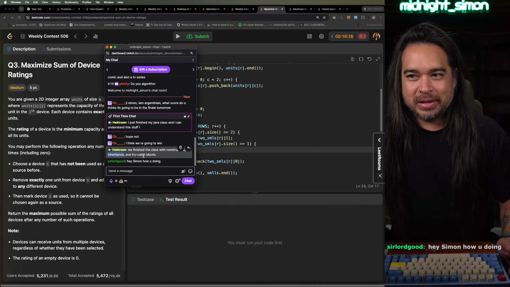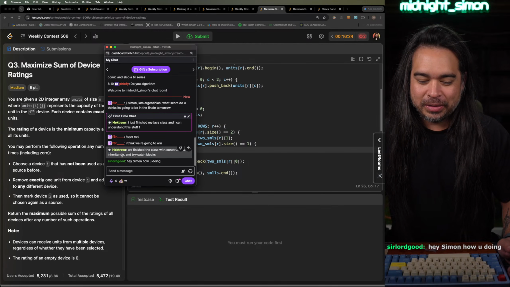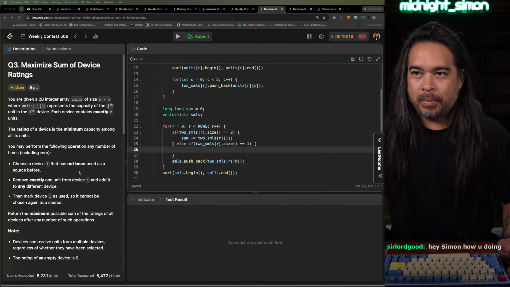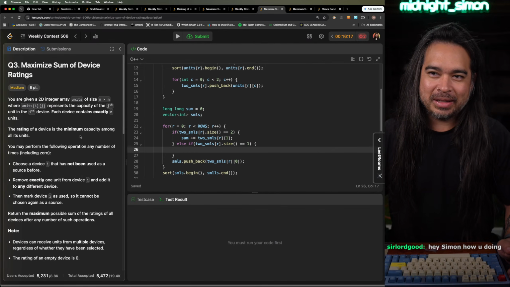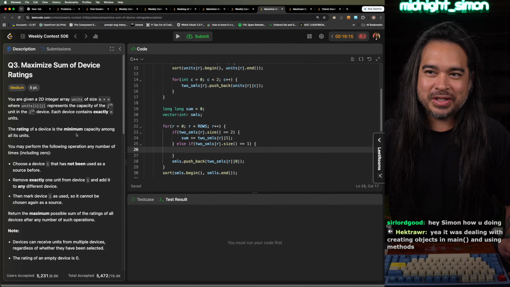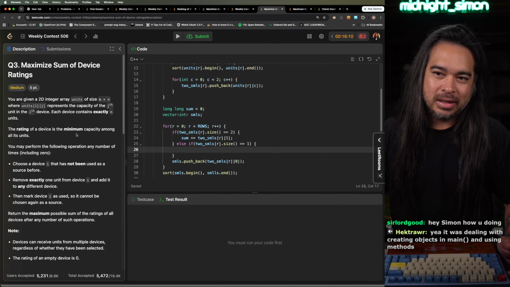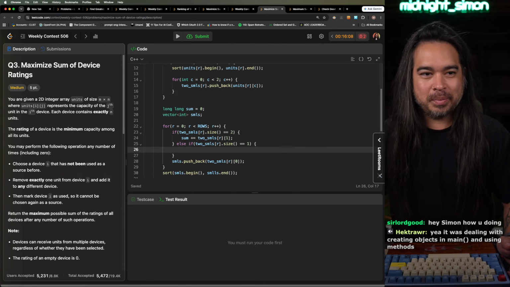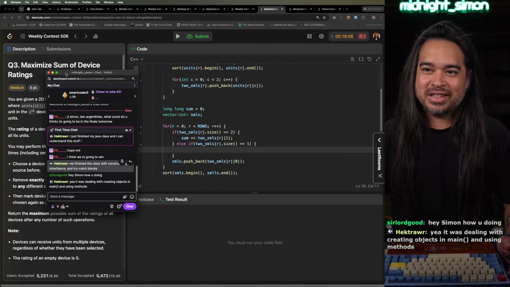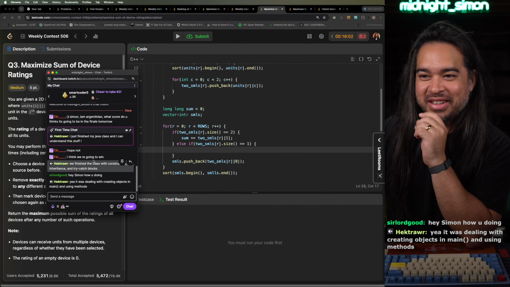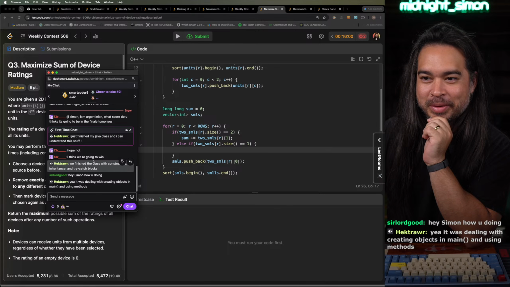And I always have to look it up and reference it. Like, I don't know it off the top of my head, you know. I can't remember what all that syntax means, man. Like virtual functions and this type of function and the default is this and inherits or make a super class or whatever. Who knows, man? I always gotta look it up. It was dealing with creating objects in main and using methods. I see.